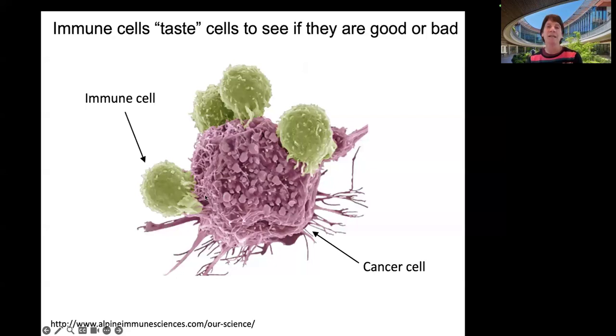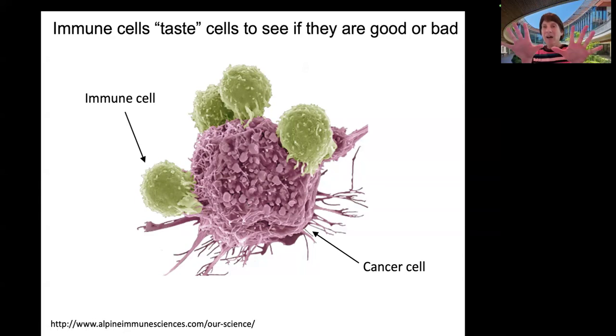And the way this works is those immune cells, which are these green, hairy, ball-like structures, this, by the way, is an actual microscope picture of immune cells attached to a cancer cell. And what those immune cells are doing is they have molecules on their surface that are interacting kind of like a handshake with molecules on the surface of the cancer cell.